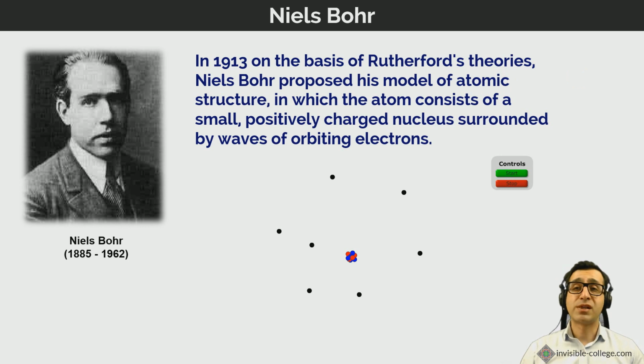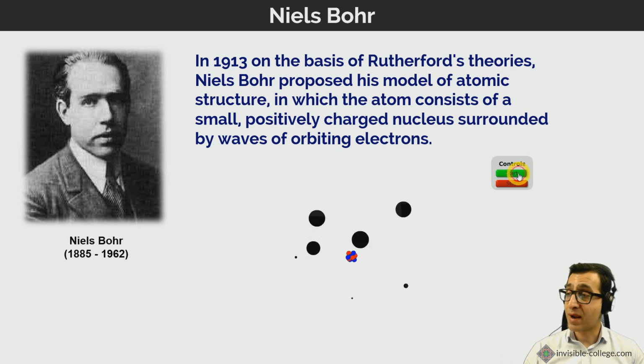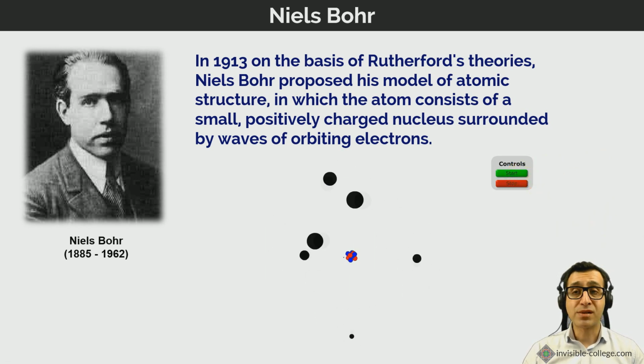But on the basis of Rutherford's experiments and Rutherford's theories, he proposed a new model of atomic structure where the atom, again, consists of a very small positively charged nucleus around which the electrons are orbiting, but he elaborated the model a little bit further to say that the electrons don't just move around in random orbits, they actually move around at concentric energy levels at specific distances from the nucleus, with the lowest energy levels being nearest the nucleus and the highest energy levels being the ones furthest away from the nucleus.